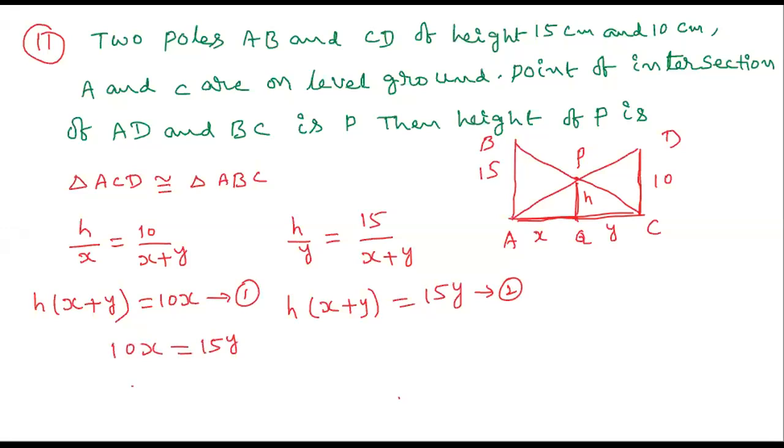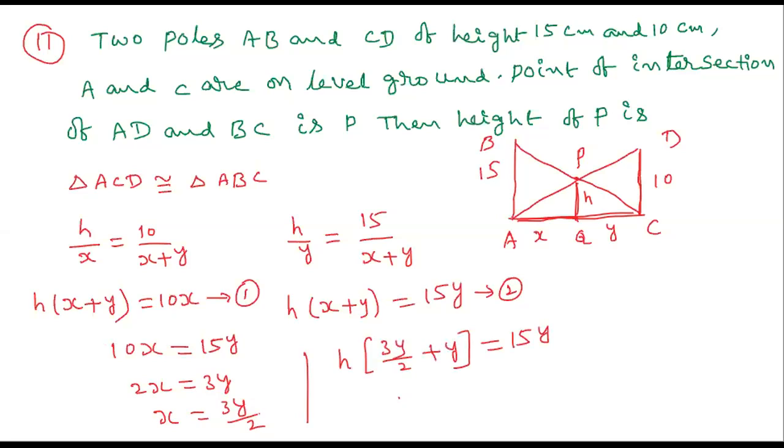That means 2x is equal to 3y. Then what is x? X is equal to 3y divided by 2. Substitute here H into 3y by 2 plus y is equal to 15y.